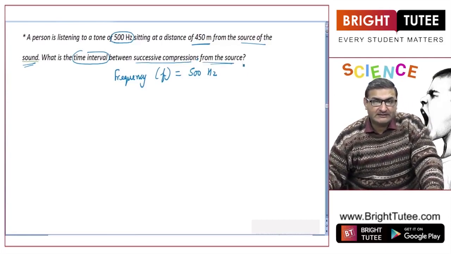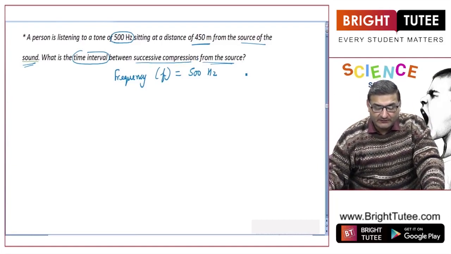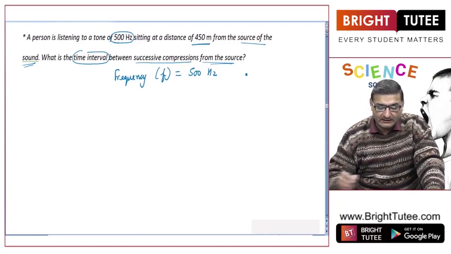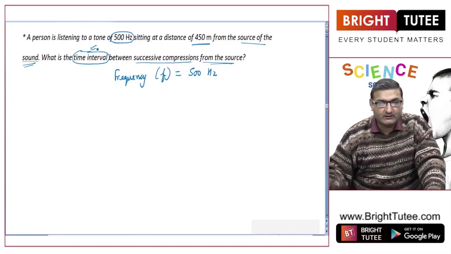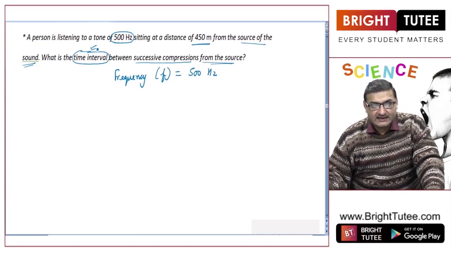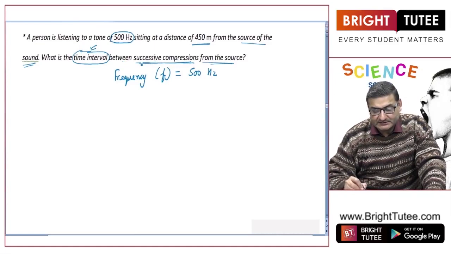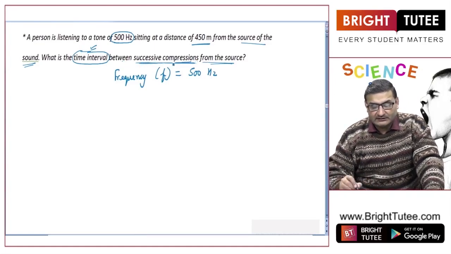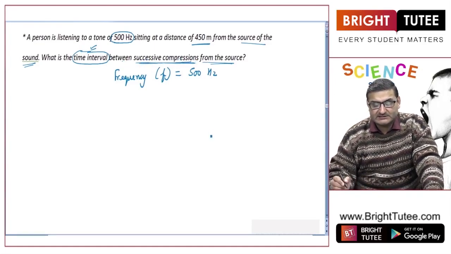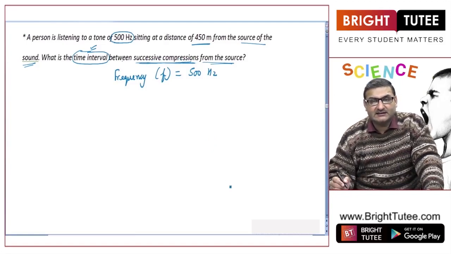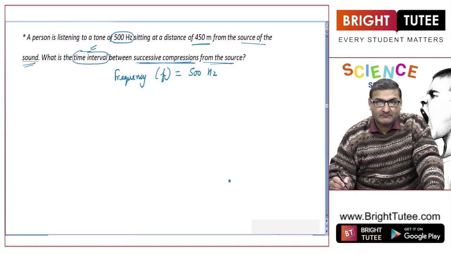Now very importantly students, first of all we need to relate two things. One, what do we have to calculate? Time interval. Second, between successive compressions. Now the successive compressions basically relate to the frequency, right?